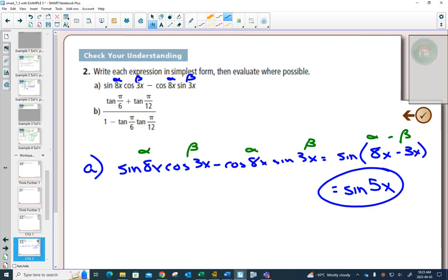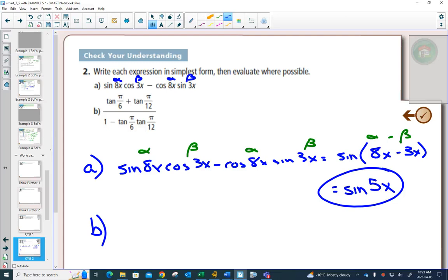In part B, I can evaluate tan of pi over 6 because it's on my pi plate, but tan of pi over 12 is not on my pi plate. So then I notice I have a big fraction with a bunch of tans, and this is where I would say you have your formula mostly memorized. You'd say, I have a couple formulas with big fractions with a bunch of tans.